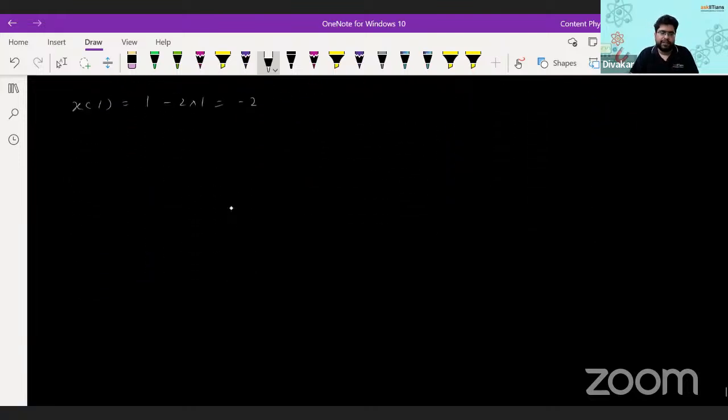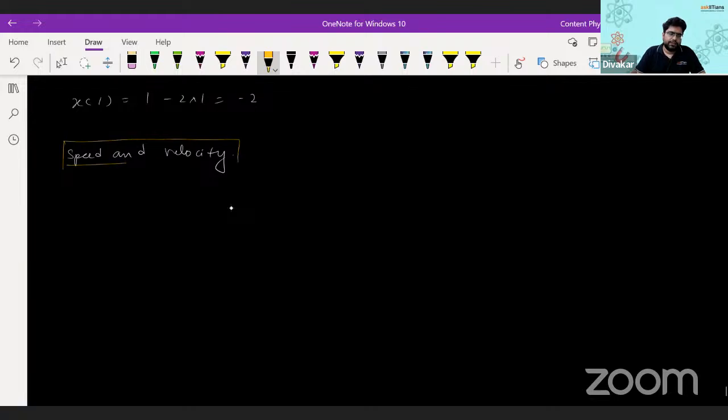The next concept in kinematics is the concept of speed and velocity. In order to understand speed and velocity, you need to understand its utility first. Why is it important to study speed and velocity?